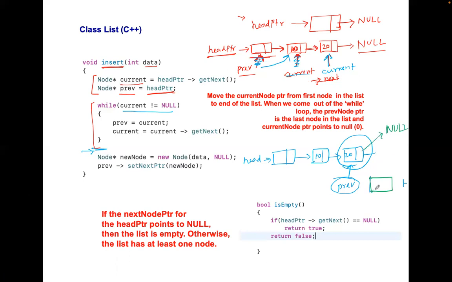Now I want to insert a new node, let's say with the value 30. So what will happen after we insert this node? This node 20 should, instead of pointing to null, point to the node with value 30, and this node with value 30 should be our last node, so it should point to a null pointer.